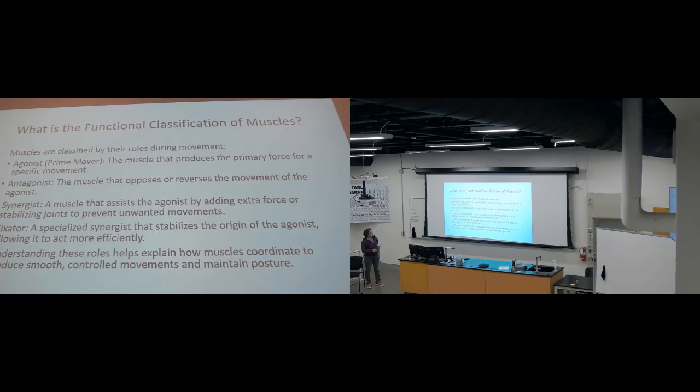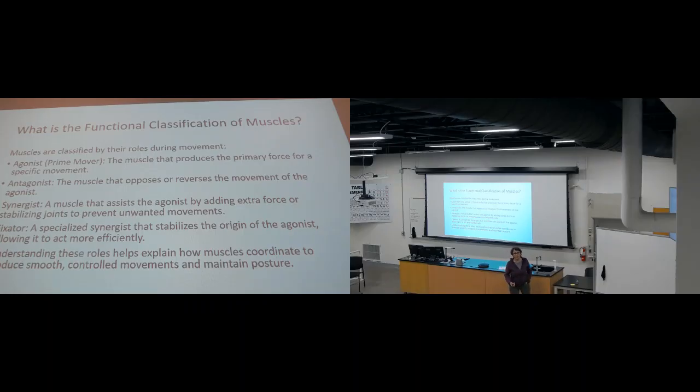Now, what is the functional classification of muscles? Muscles can also be classified according to what they do, in terms of whether they perform the main movement or whether they antagonize that movement.